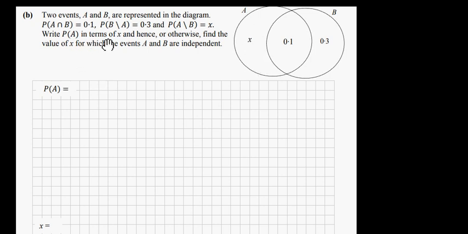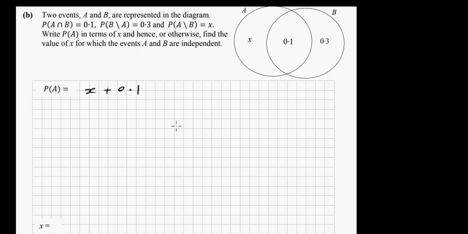Write the probability of A in terms of X, and hence or otherwise find the value of X for which the events A and B are independent. Okay. So the probability of A, we want to write in terms of X. Well, the probability of A is just simply X plus 0.1. This is the probability of A here, X plus 0.1. So that's it, very simple.